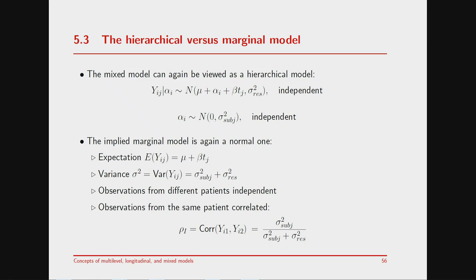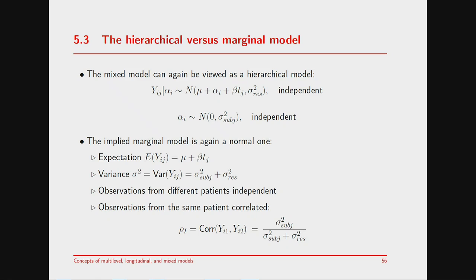What is the variance? The variance is the sum of the two variances that we have estimated. So it's the variability between the subjects and the residual variability, which makes sense, of course. What is the total variability in your outcome? It's the variability between the subjects plus the variability within the subjects. And that's what you see also in this expression.